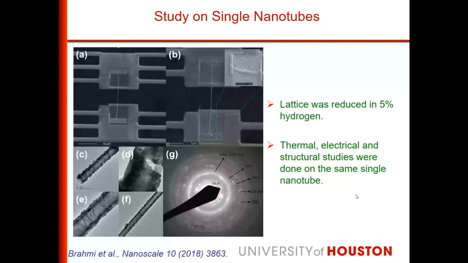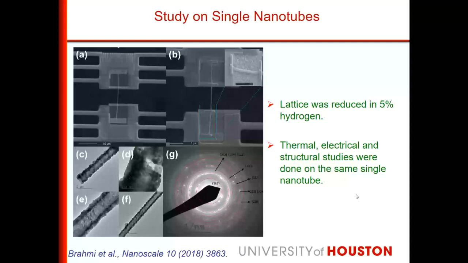So now we studied the details of this property, and then we found that electrical conductivity is higher for this material because the hydrogen reduces the oxygen, and these oxygen vacancies are electron donors. So they have high electrical conductivity.